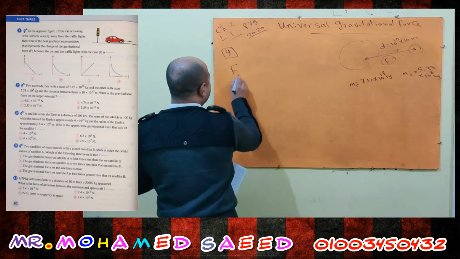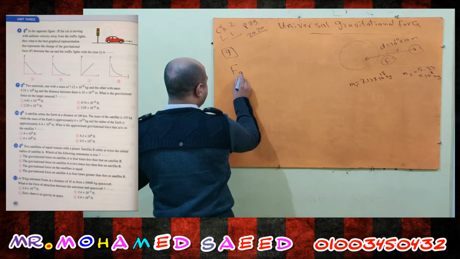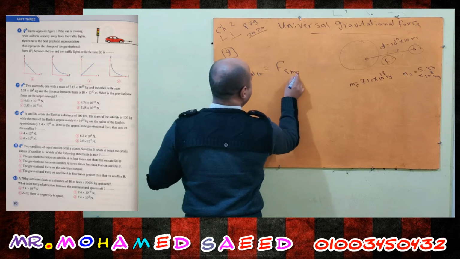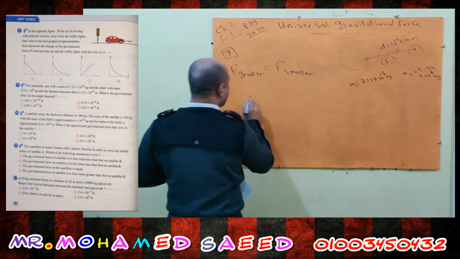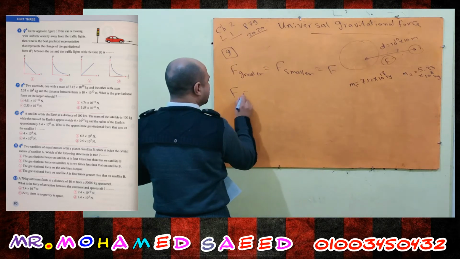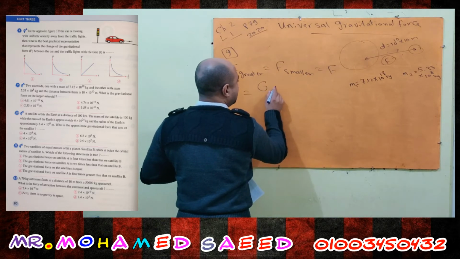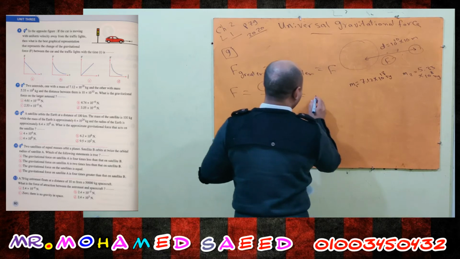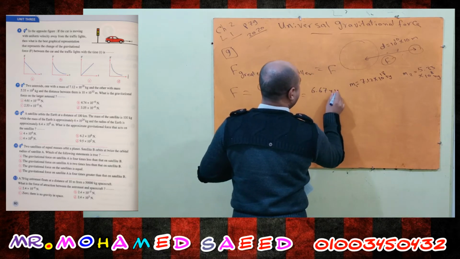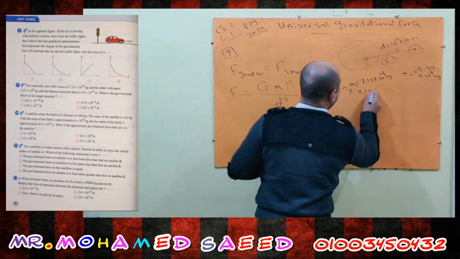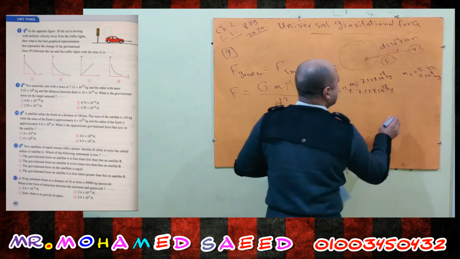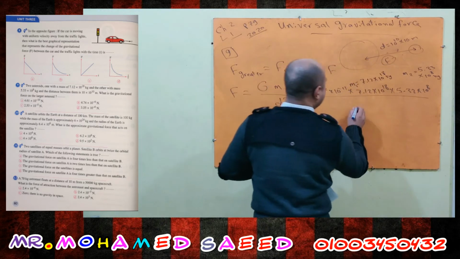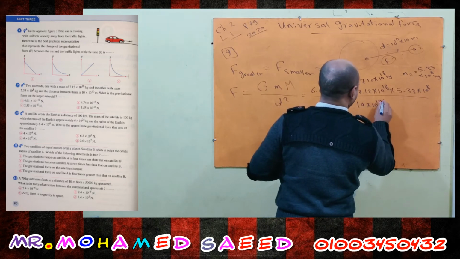So F on the greater asteroid equals F on the smaller asteroid, which equals F, G, capital M, small m over D squared. G is 6.67 times 10 to the power negative 11, times 7.12 times 10 to the power 18, times 5.33 times 10 to the power 8, over the distance (10 times 10 to the power 10) squared.